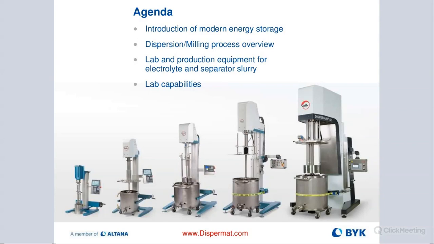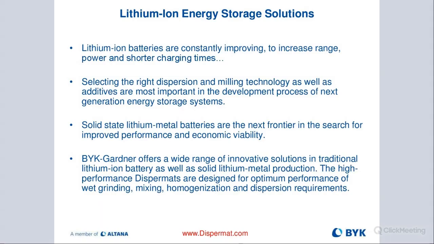They can handle many different applications, from electrolyte development to separator development. We can pre-disperse as well as mill, all with the same equipment from lab scale to pilot and manufacturing. We also have a full range of horizontal media mills, which may be required for separator applications where we need very small particle size and particle size distribution. We'll talk about those as well.